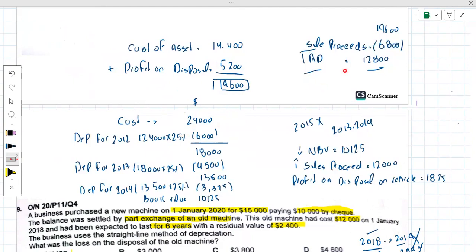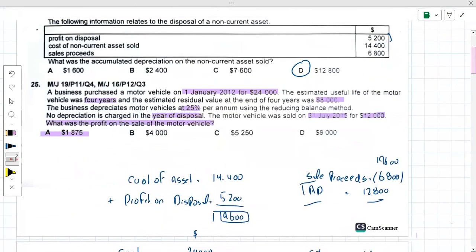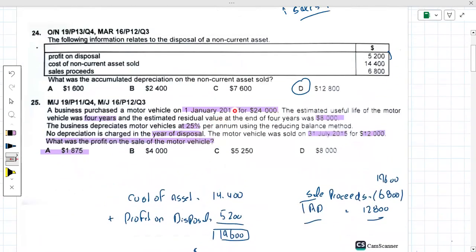As you can see, we purchased this asset in 2012, and we are selling this asset on 31st July 2015. But in this particular question, the examiner has asked us to use yearly depreciation, not monthly.